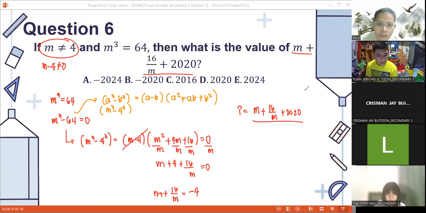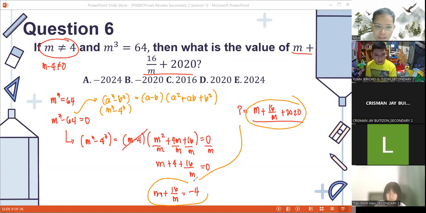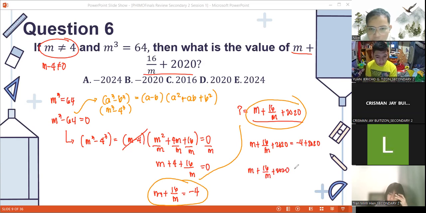And take note, we need to solve for this one. We can correlate this with this. So m plus 16 over m plus 2020 is equal to negative 4 plus 2020, which is 2016. So the answer here is 2016, which is letter C.